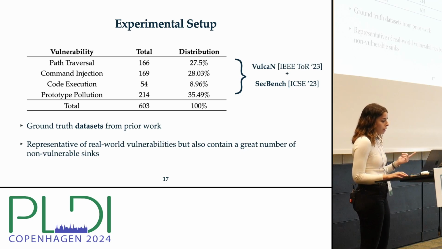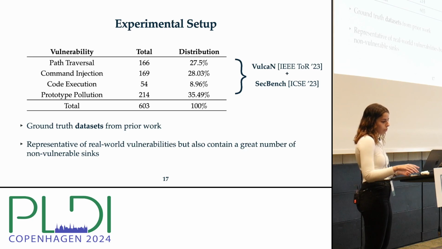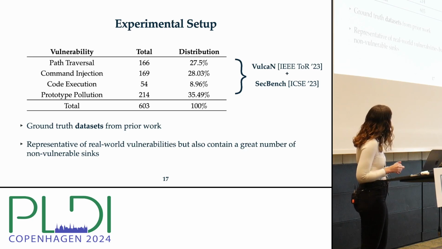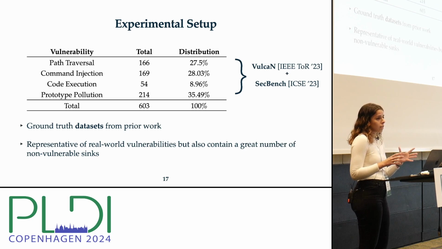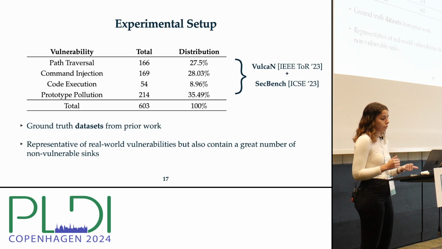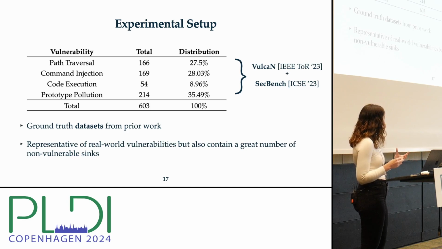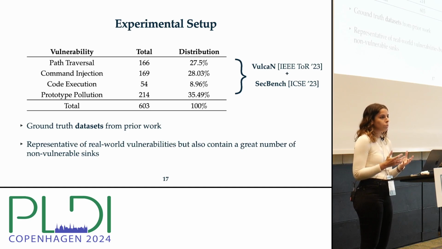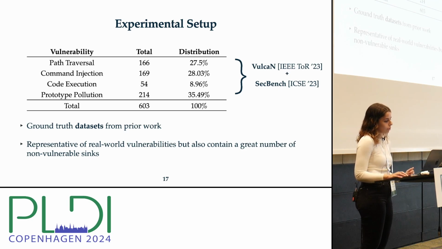And combined, these two datasets provide a comprehensive set of vulnerabilities, 603, with the distribution summarized here on this table. These datasets are representative of real-world vulnerabilities, but they also contain a great deal of non-vulnerable sinks, which allow us to measure the precision of our tool.